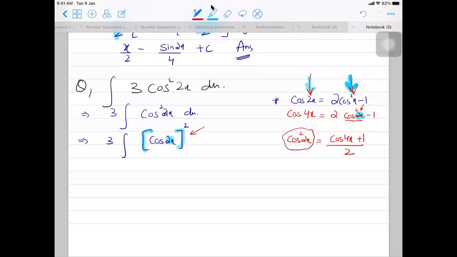So I'm going to replace this with the expression cos 4x plus 1 over 2. And I can take 2 outside. So integration of simple cos 4x plus 1.